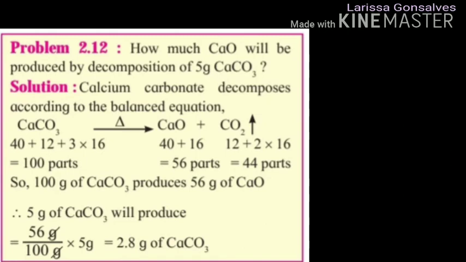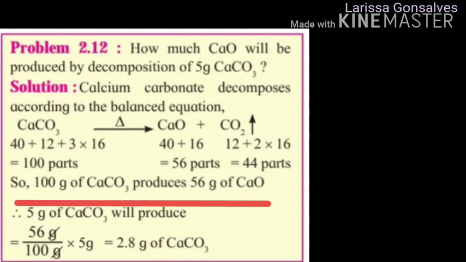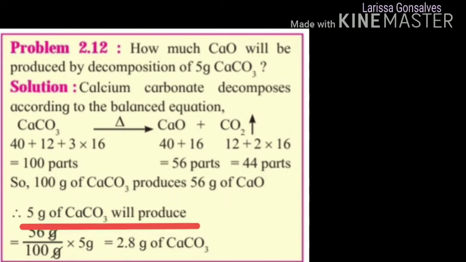However, in our problem, they have asked us to calculate the amount of calcium oxide produced by the decomposition of 5 grams of calcium carbonate. So if 100 grams of calcium carbonate produces 56 grams of calcium oxide, then how much calcium oxide will be produced if 5 grams of calcium carbonate is used?